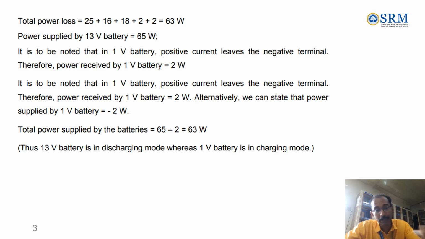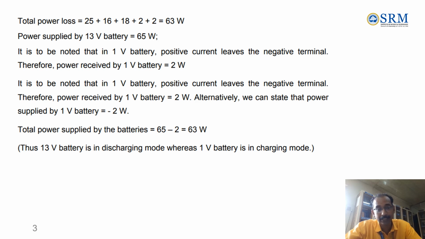So here, one battery source, that is the 13 volt battery, is supplying power. Another battery, that is the 1 volt battery mentioned on the right side, receives the power. It is charging. It is to be noted that the 1 volt battery's positive current leaves the negative terminal. Therefore, the power received by the 1 volt battery is 2 watts.